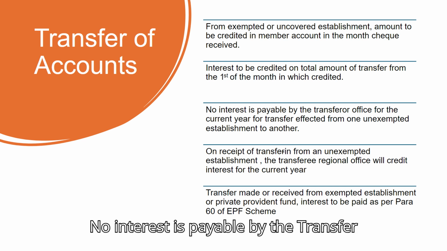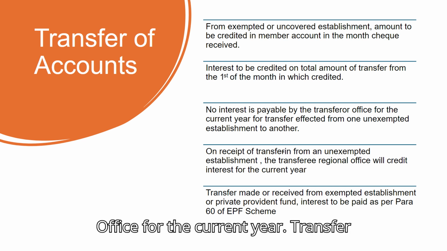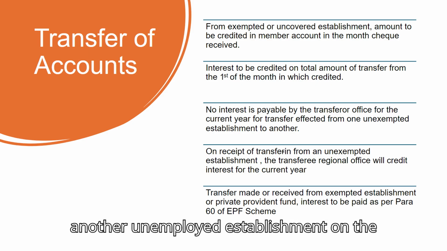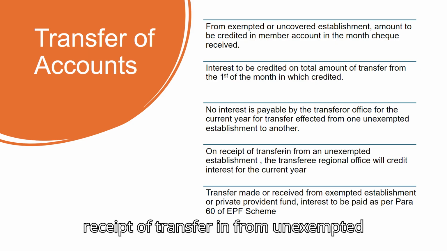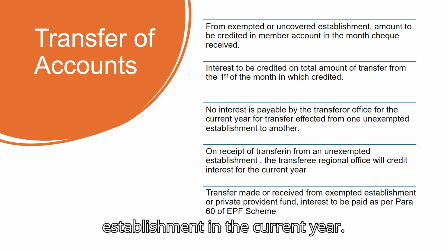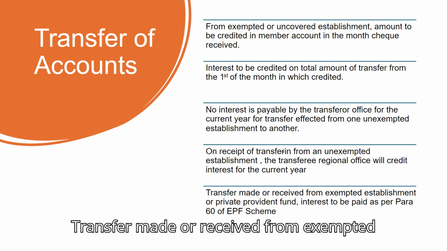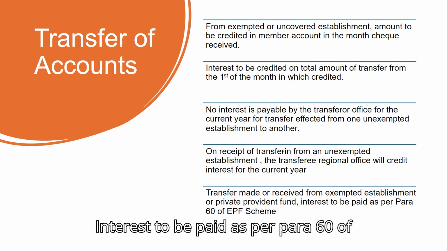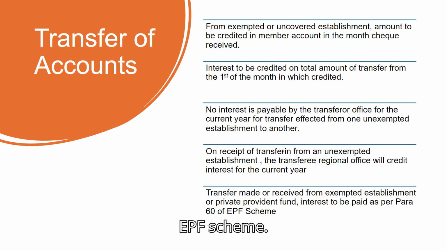No interest is payable by the transfer office for the current year transfer effected from one unexempted to another unexempted establishment. On the receipt of transfer in from an unexempted establishment in the current year, or transfer received from an exempted establishment or private provident fund, interest is to be paid as per Para 60 of the EPF scheme.